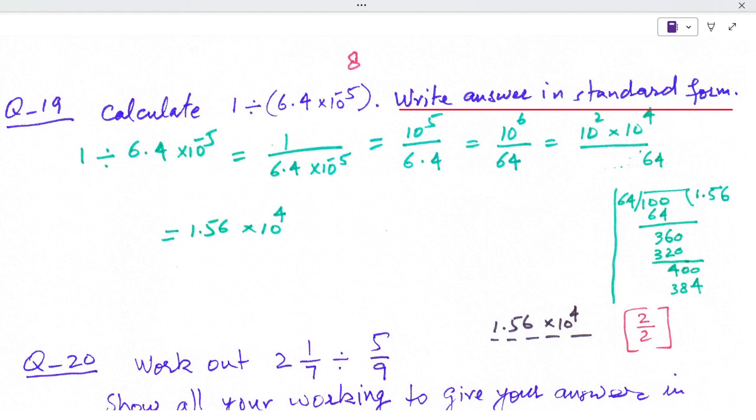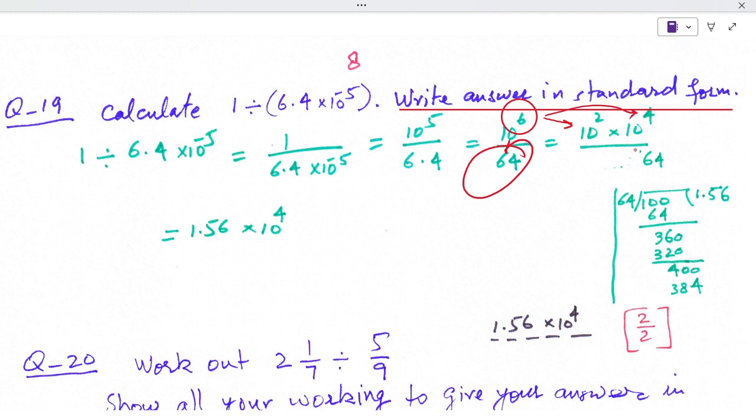And in the next step, I have taken the decimal off by multiplying numerator and denominator with 10. So 6.4 becomes 64 and 10 power 5 becomes 10 power 6. Now in order to get rid of this denominator 64, I have broken 10 power 6 into two parts, 10 power 2 multiplied by 10 power 4, divided by 64.